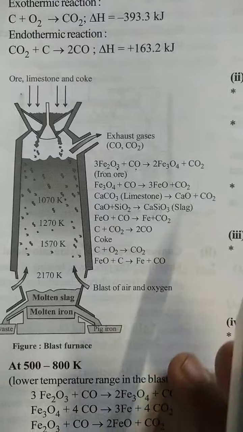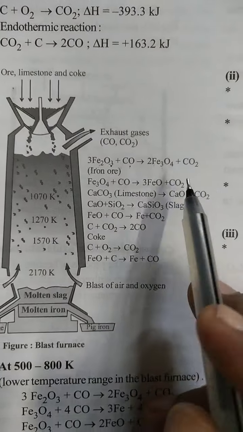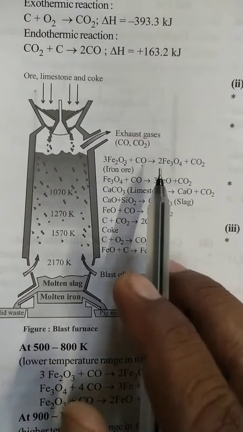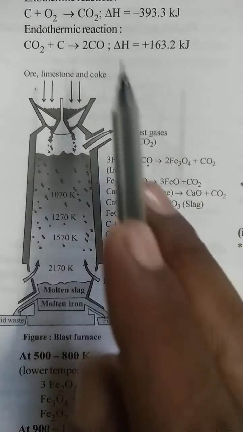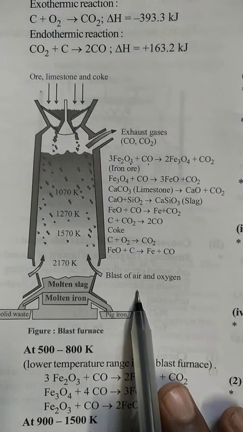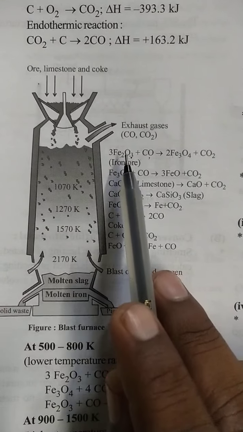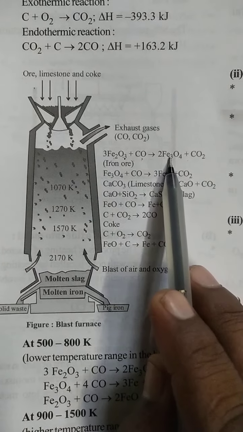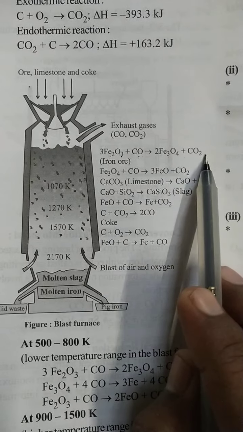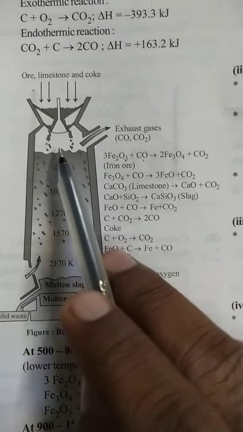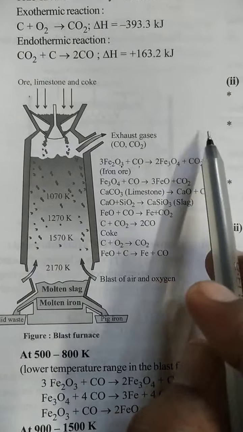Okay? This is the first step. From the mixture, coke reacts with oxygen and is converted into carbon monoxide. This carbon monoxide reacts with iron ore to form Fe3O4 plus carbon dioxide. The unnecessary carbon dioxide is sent outside as exhaust gases.